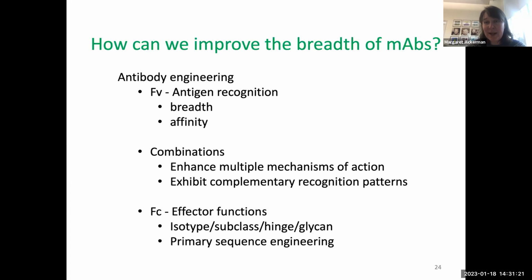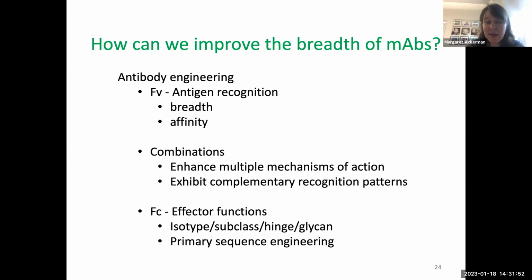And so if we think about how we might generalize some of these approaches, there's a wealth of antibody engineering strategies that can be used for this. So engineering antibody recognition for breadth and high affinity, and of course, neutralization; selection of antibody combinations or cocktails that might enhance multiple mechanisms of action, so neutralization or effector function, as well as exhibit complementary recognition patterns across viral sequence variants.